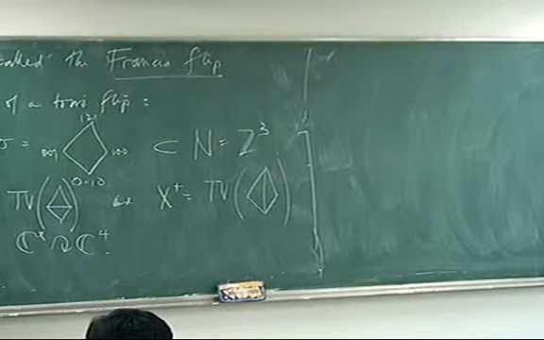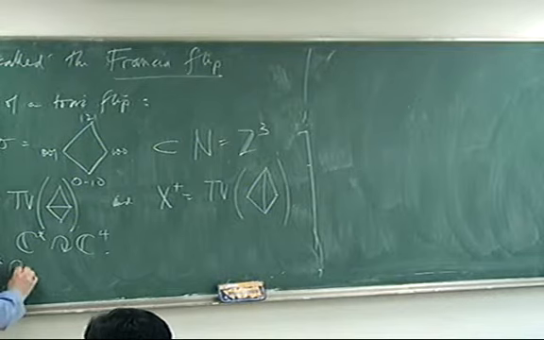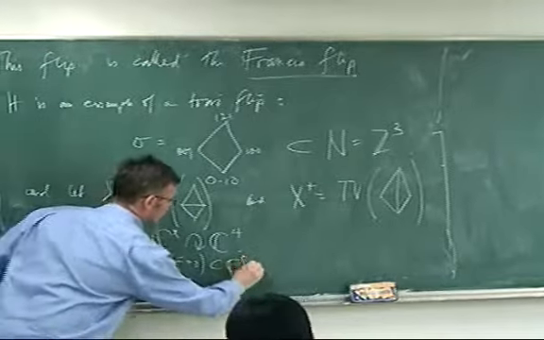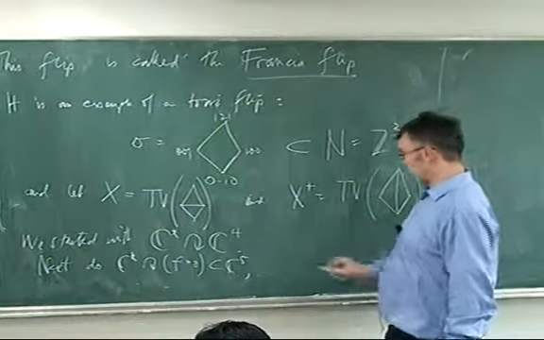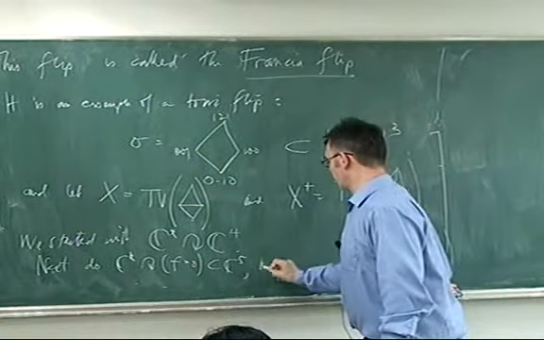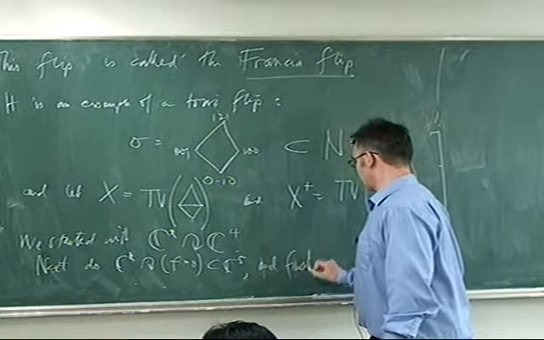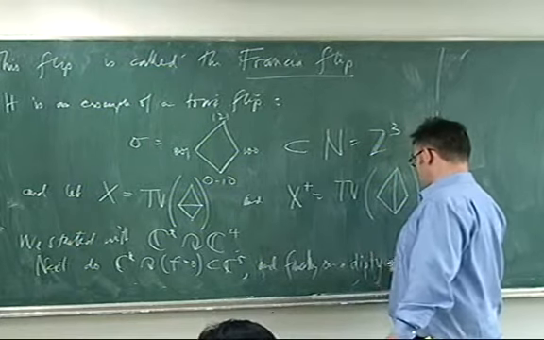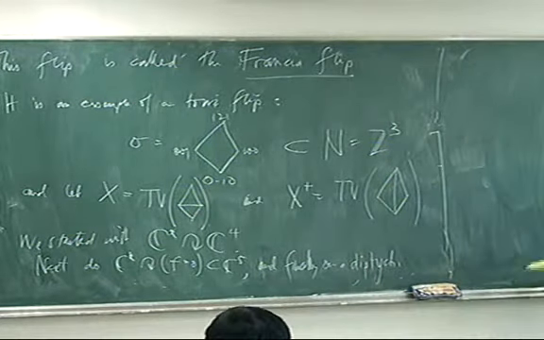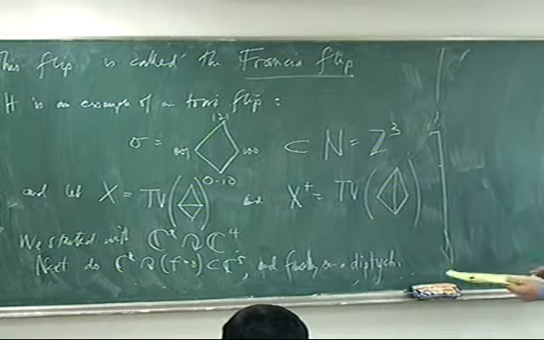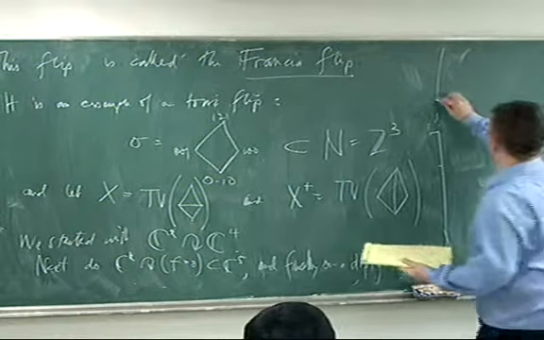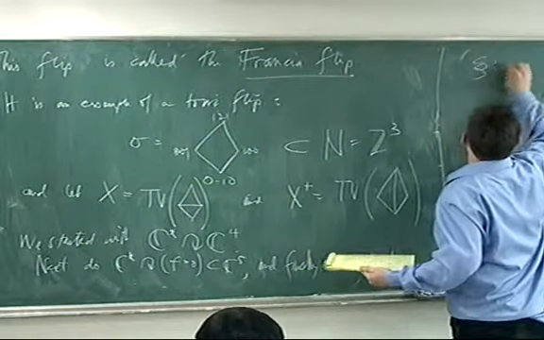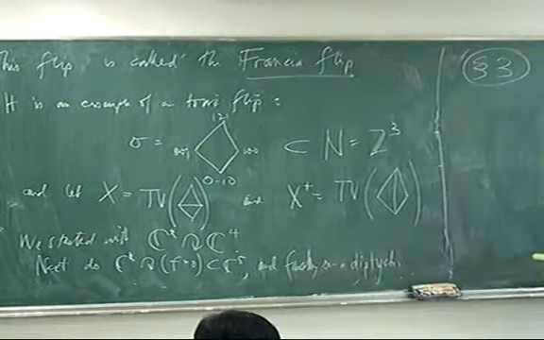Next, do C star acting on a hypersurface, so some f equals 0 in C5, and then finally on a diptych. But if you can do this Francia flip, then you're in very good shape to do anything else. Maybe I don't even need to explain those things. So I think I'm up to chapter 3, which is this next example.